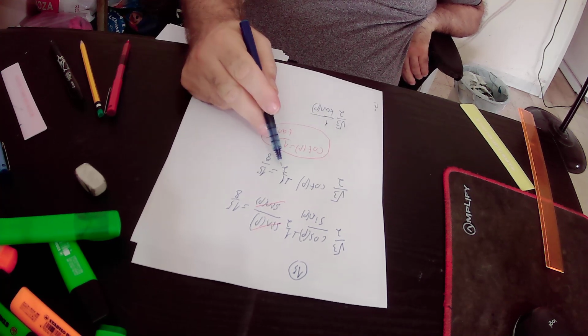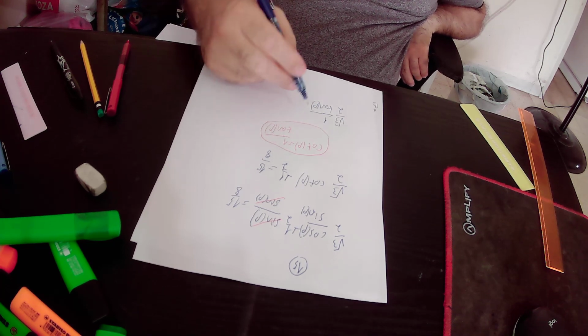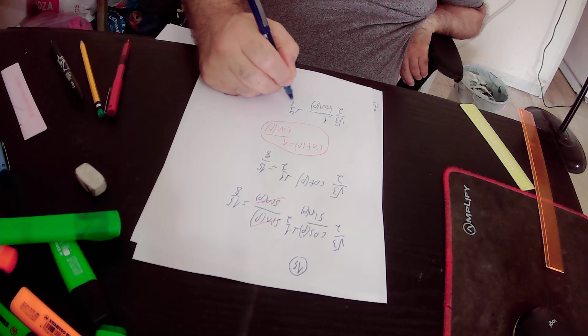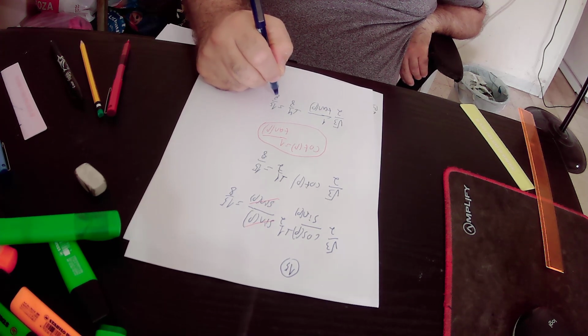Here we have 1 over 2, and 1 over 2 is 4 over 8, equals 15 over 8.